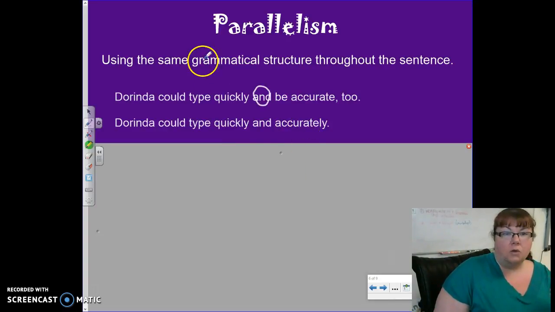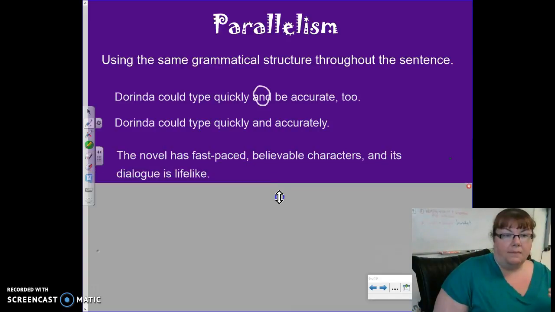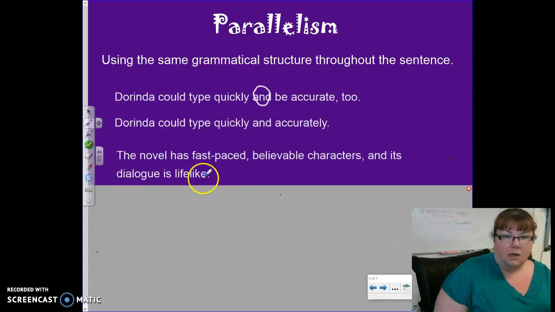They are both identical in grammatical structure. Okay, the next one. The novel has fast-paced, believable characters, and its dialogue is lifelike. Now, this is correct as in it's fast-paced. We have believable, but then when we get down to this last one, "and its dialogue is lifelike," it's wrong because it's not in the same shortened aspect that it is here. So this should be "and lifelike dialogue."